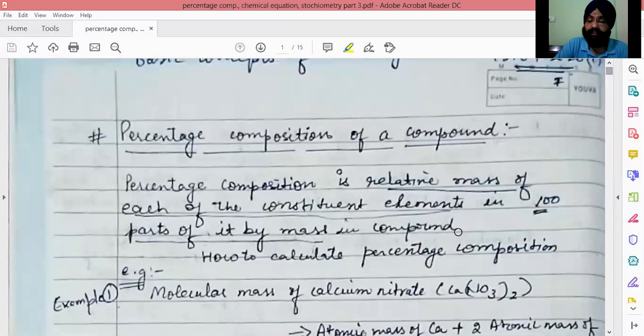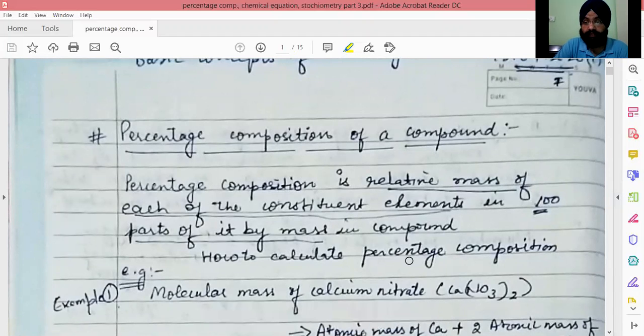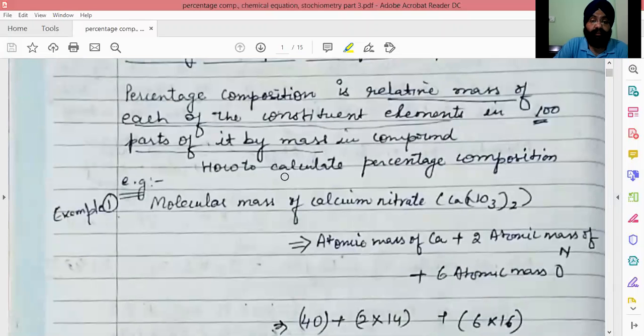I repeat, percentage composition means the relative amount of each element in 100 parts of the compound. To calculate this, first of all, we have to find the molecular mass of the compound.